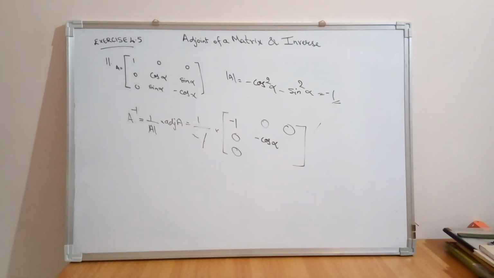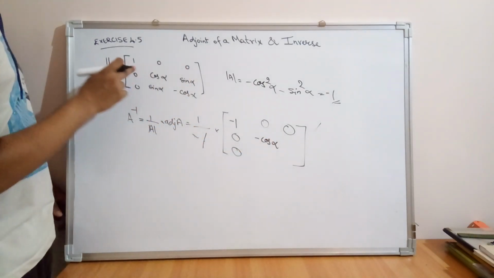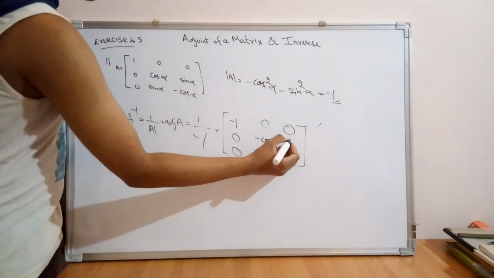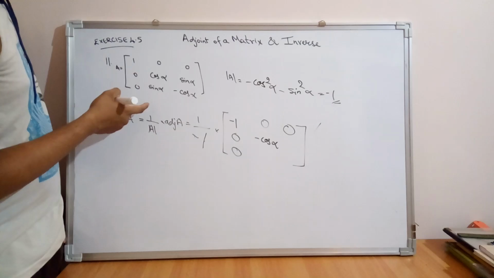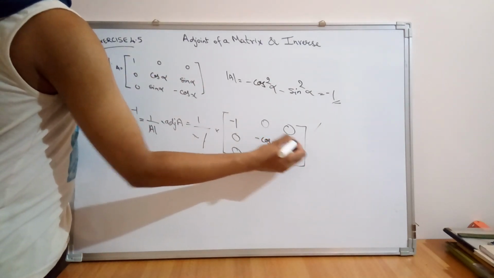So what it is going to be here is, we'll see what it is going to be. Sine alpha will change this, which is going to be 1 into sine alpha minus 0. That is sine alpha only. Since it is this position, I need to write minus sine alpha.